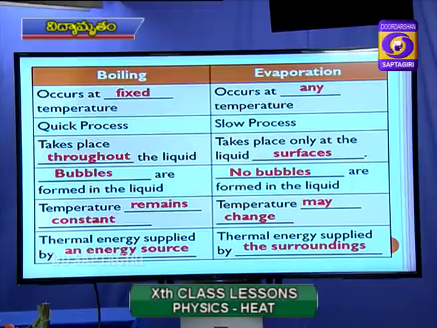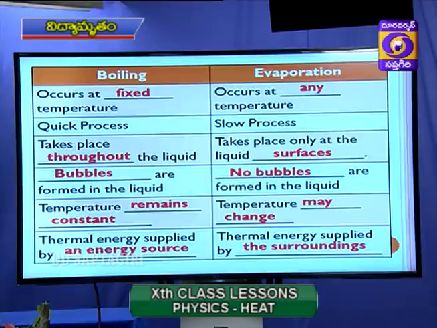Now this is a very important question. Children, you have to practice thoroughly the differences between boiling and evaporation. Boiling takes place at the boiling point only, evaporation takes place at any temperature. In boiling the thermal energy is supplied by an energy source, in evaporation by the surroundings.